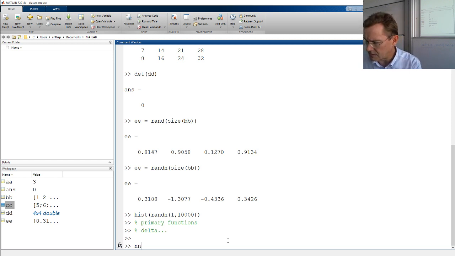Okay, let's see. n equals... Okay, we can make a vector -3, -2, -1, 0, 1, 2, 3, 4, 5. Okay, that's one way of doing the region of interest.